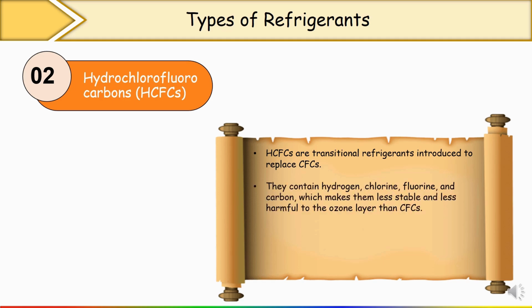They contain hydrogen, chlorine, fluorine and carbon, which make them less stable and less harmful to the ozone layer than CFC, meaning chlorofluorocarbon. Here the environmental impact of hydrochlorofluorocarbon is a moderate ODP. While hydrochlorofluorocarbons deplete the ozone layer, they have a much lower ODP than CFC.